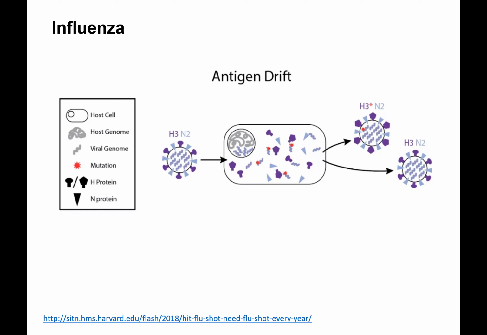It doesn't necessarily change the antigenicity of the virus, so it still looks pretty much the same on the outside as what it started with. If you already have a protective immune response to the original virus, you're also going to have a protective immune response to one that has just had the drift.